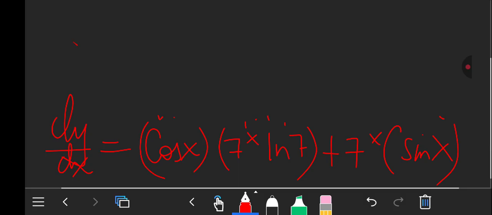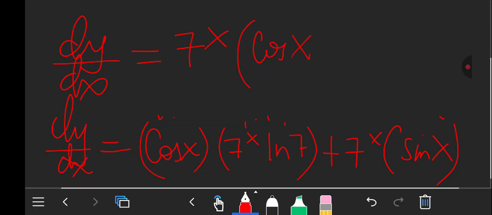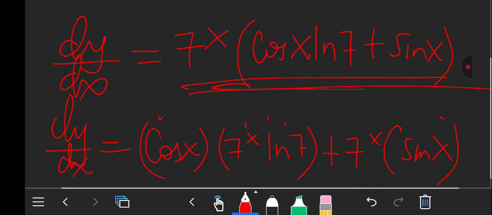So dy over dx will be equal to 7 to the power x, taken out, then what remains will be cos x times ln 7 minus sin x. So this is how you can find the answer.